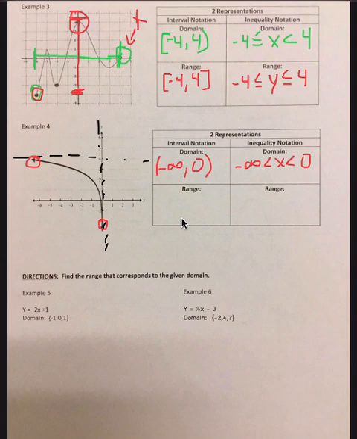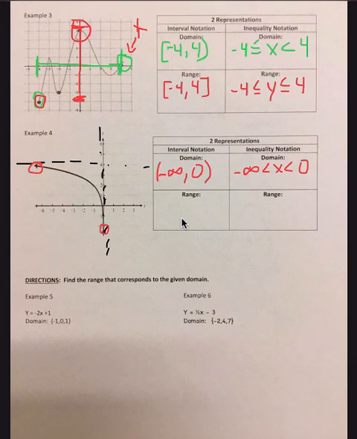Similarly, if I erase this and that, and look at the range, I see down here it's going all the way down to negative infinity. So just like in the domain, it's going off to negative infinity.